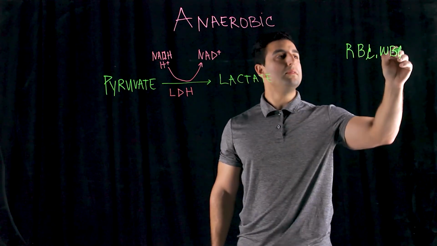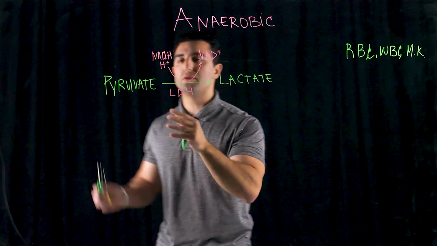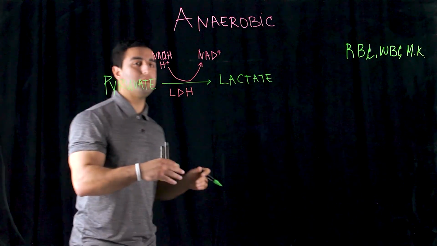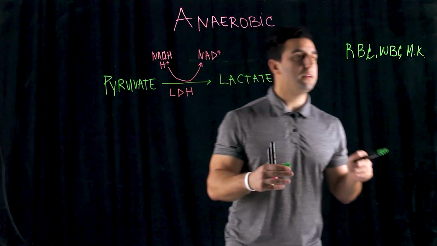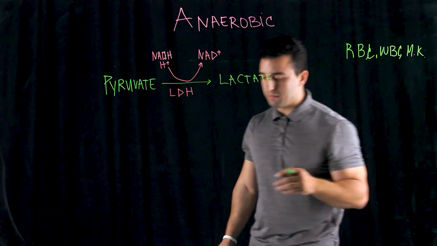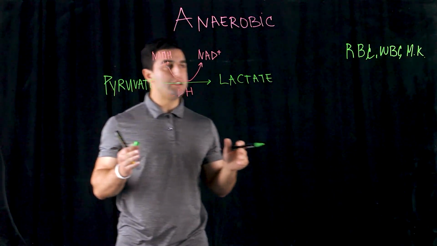These cells do not have the standard cellular respiration where pyruvate goes into the mitochondria to generate ATP. Instead, they go through the lactic acid pathway. And this can be induced.